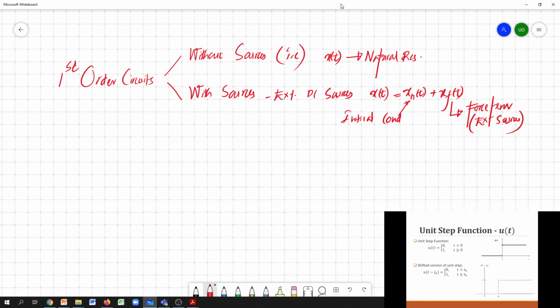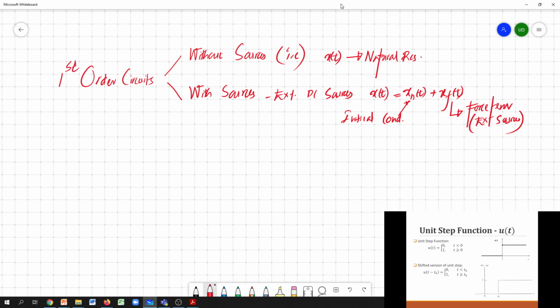So whatever circuit we discuss in this with sources category, we have capacitors or inductors in the circuit as well as external sources. Then the ultimate response is a sum of the natural response and the forced response.